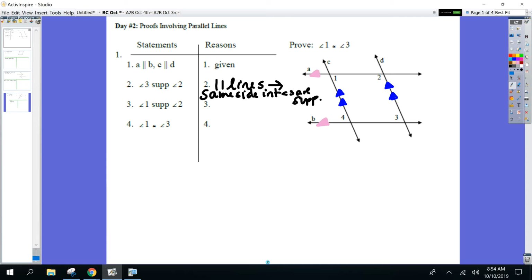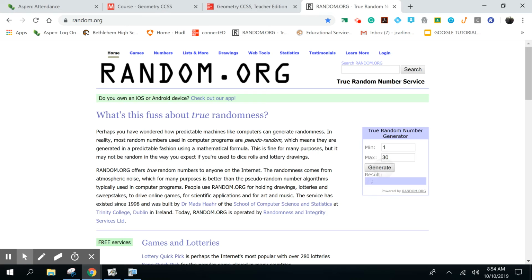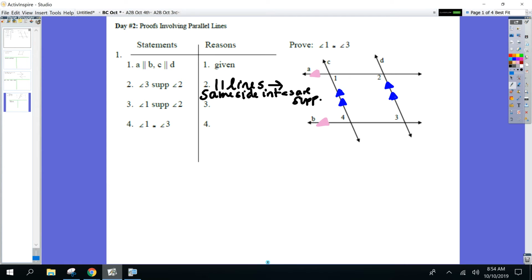All right, step 3, I'm saying, oh, 3 and 2 are supplementary, so are 1 and 2. Why? What type of angles are 1 and 2? They are not linear pairs. 1 and 2, what type of angles are 1 and 2? Also same side interior, so it's the same reason.